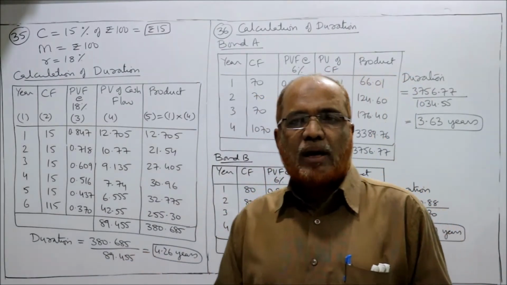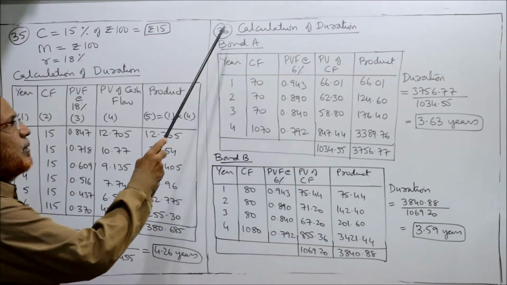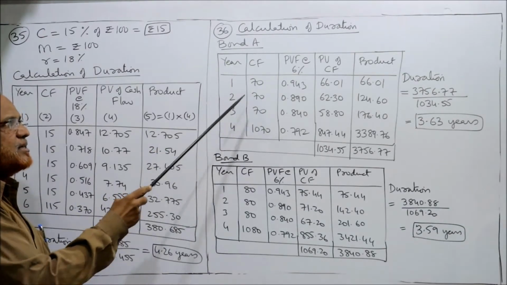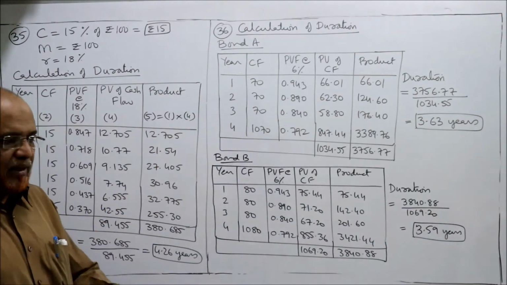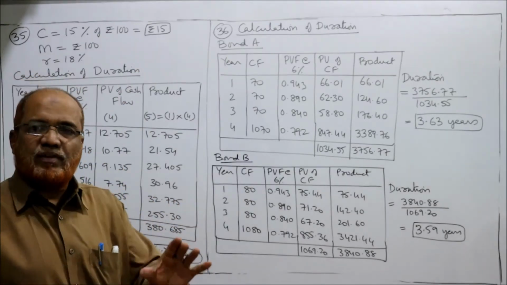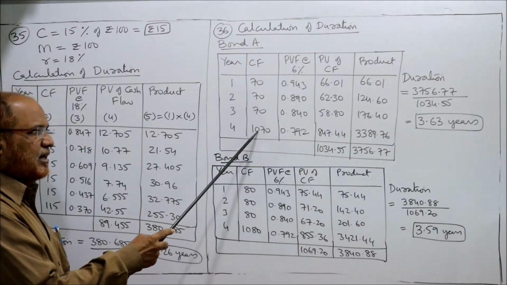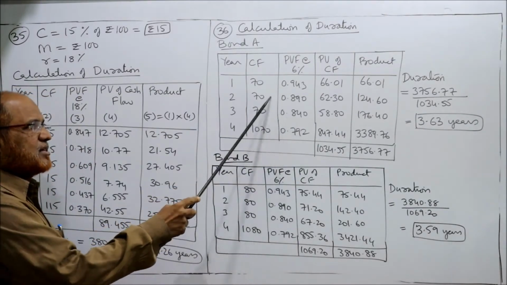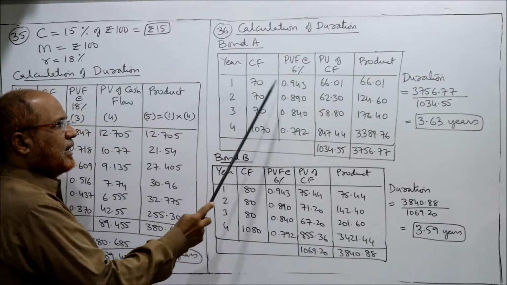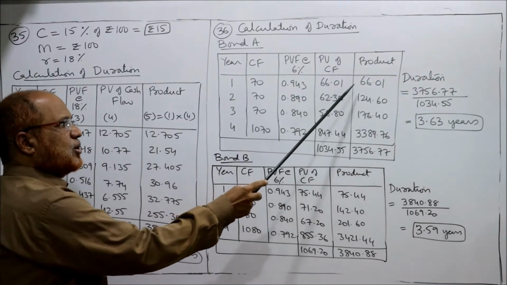So again we are required to calculate only duration. Here is the 36th problem. Calculation of duration, bond A. 4 years is the period, 7% is the coupon. Face value is 1000 rupees, and on that 7%, so 70, 70, 70, 1070. 6% PV factors, multiply to get PV of cash flow, then multiply year into PV of cash flow. 1 into 66.01.